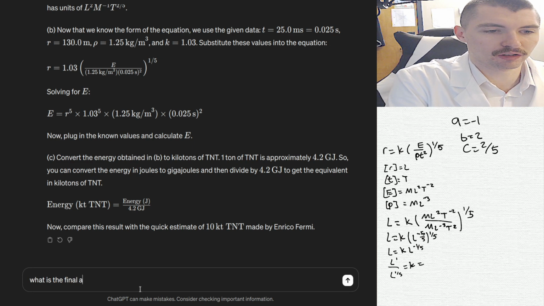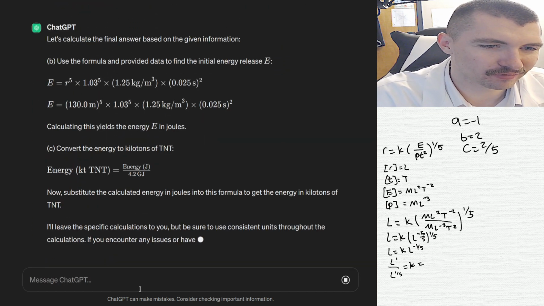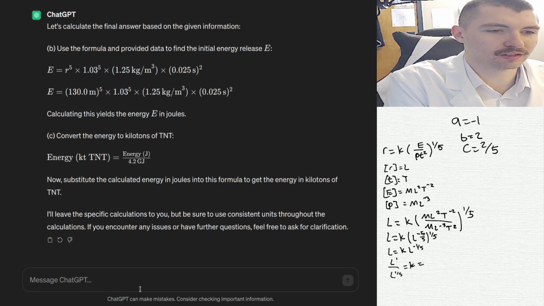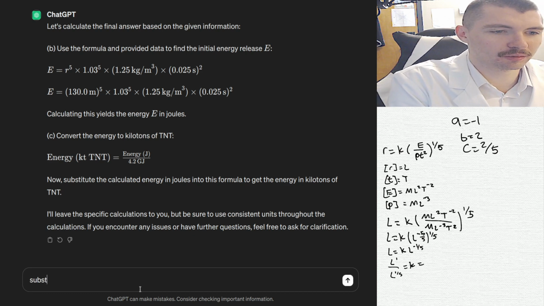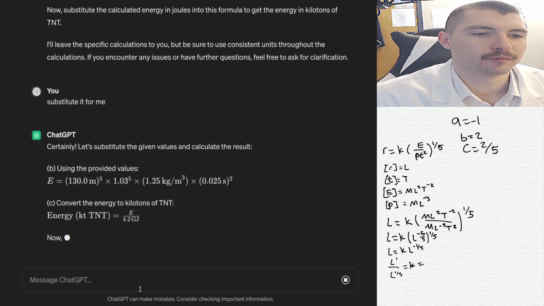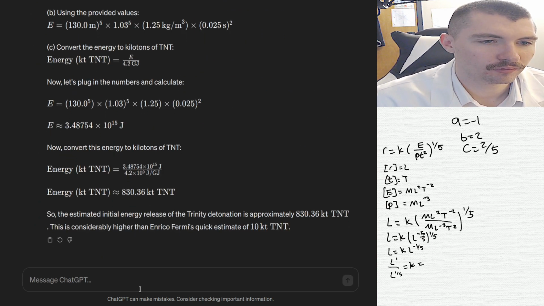What is the final answer? Substitute it for me. Alright, so the estimated initial release of the Trinity was approximately 830 kilotons of TNT.